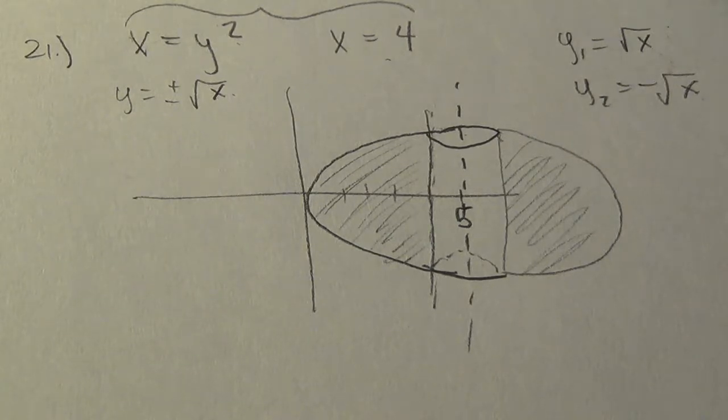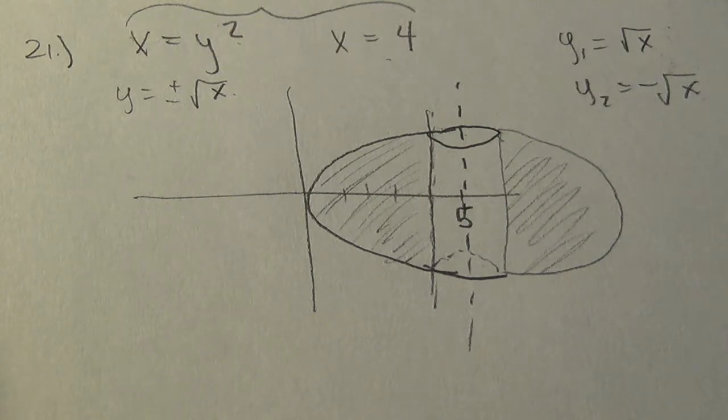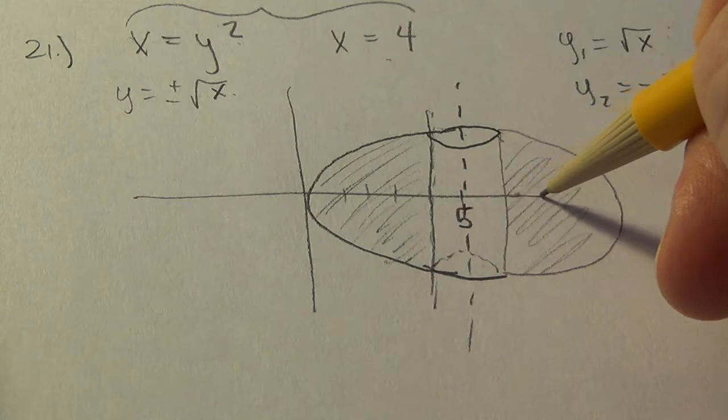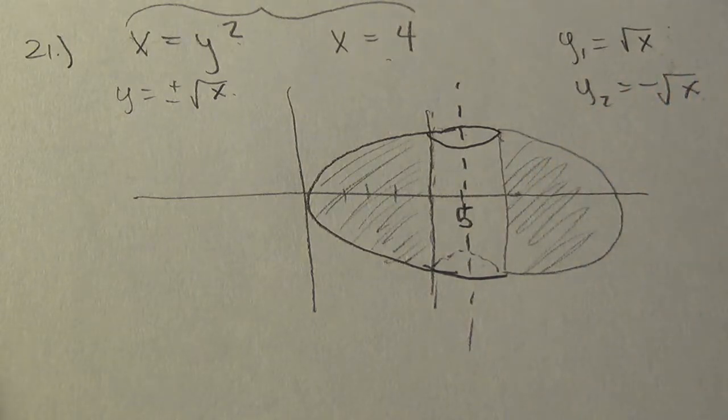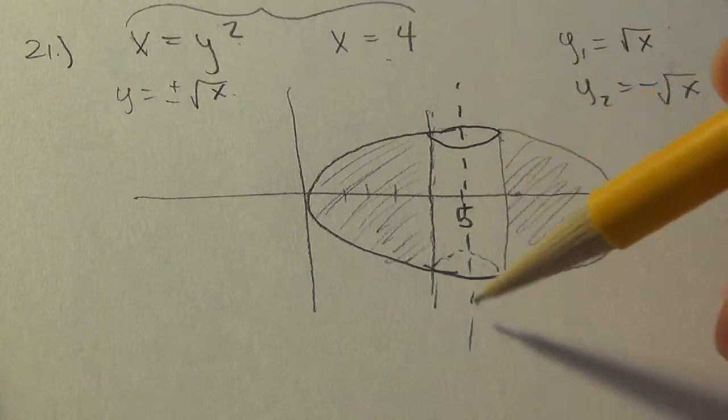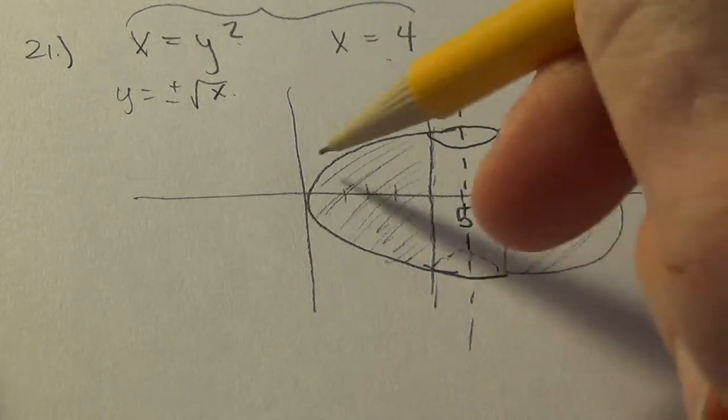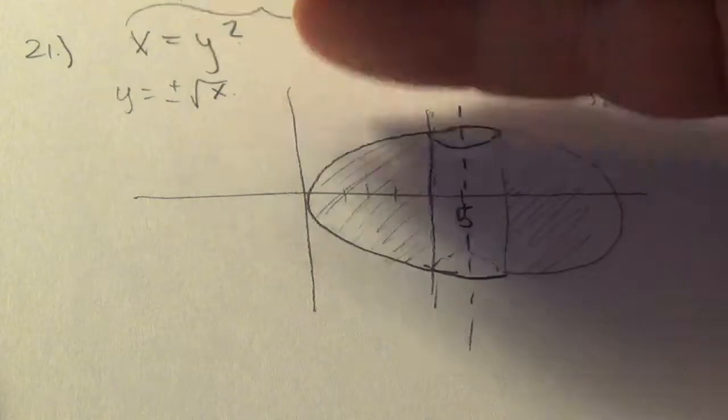Okay, so we need the volume of this, and this has an outer disk and an inner disk. See if you can pick a spot and draw the outer and inner disk. You'll notice when we're revolving around a line x equals something, the disks are going to pile up in the y direction.